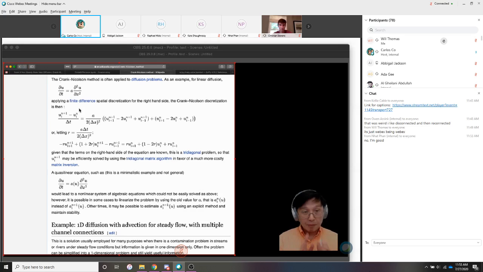At the end of the last class, I showed you the Crank-Nicolson approach to the finite differencing. This is the naive way of doing the finite differencing, and we showed that it has a limit on what this R value can be, which was 1/2.